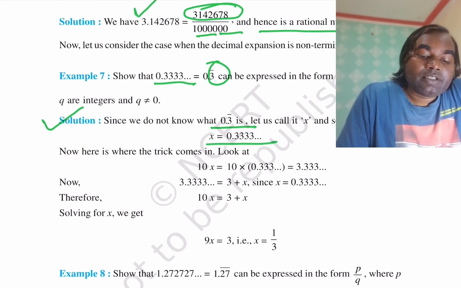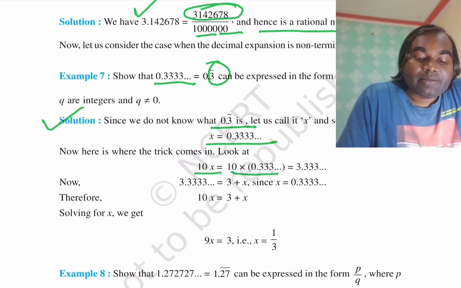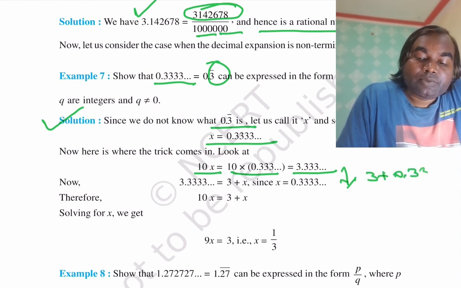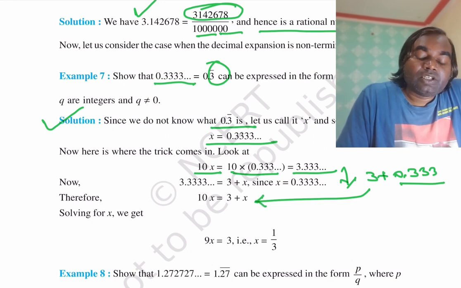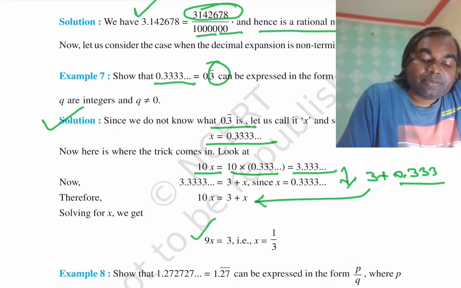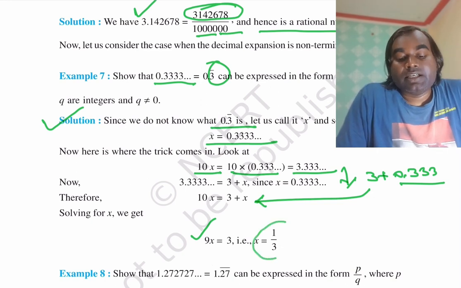Therefore 10x is equal to 10 times this value, which comes out to 3.33, that is 3 plus 0.333, and this is nothing but x, so it comes out 3 plus x. So 10x is equal to 3 plus x, that means 9x is equal to 3, that means x is equal to 1 by 3. So you get the rational number in the p by q format.